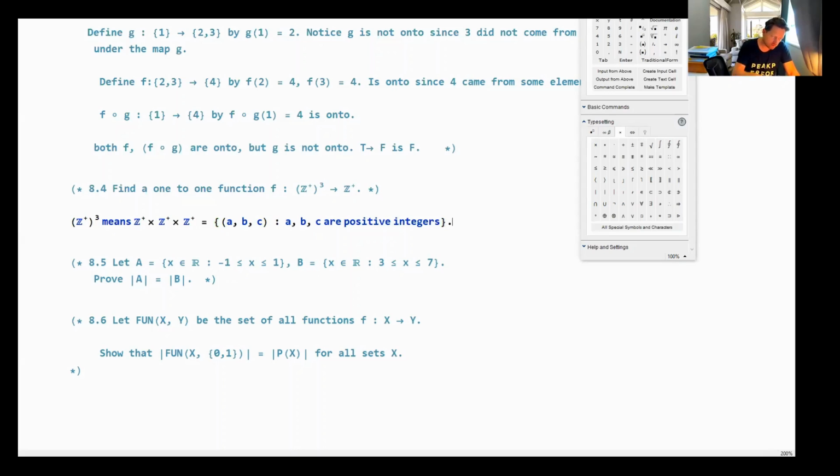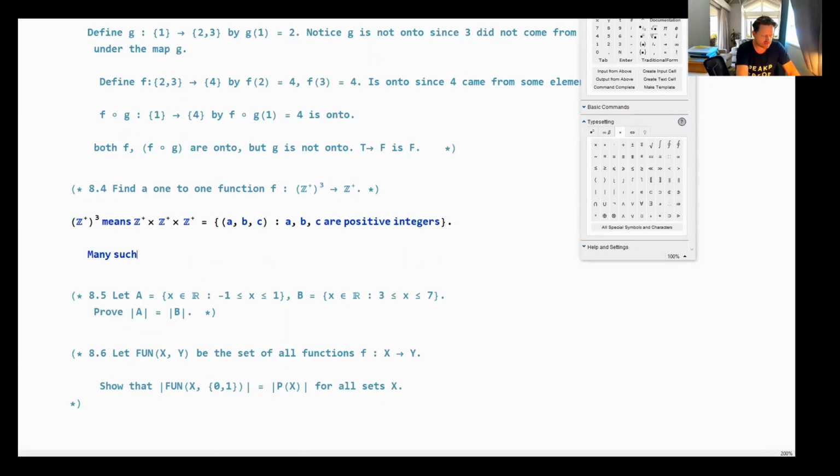Okay, great. So now that we've got those 2 sets defined, we've got to find a one-to-one function mapping this set of triples to the positive integers. So we need it to be one-to-one. In fact, many such one-to-one maps exist. In particular, what comes to mind is the fundamental theorem of arithmetic.